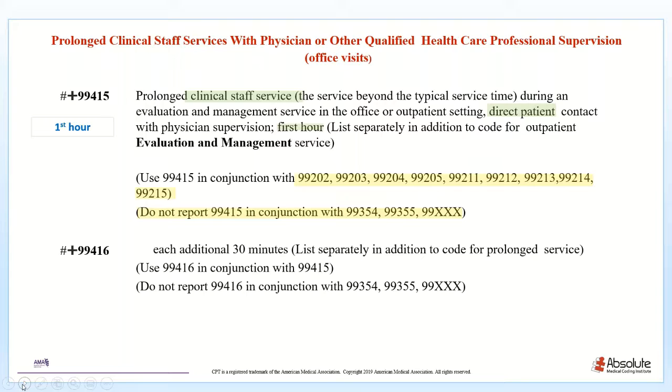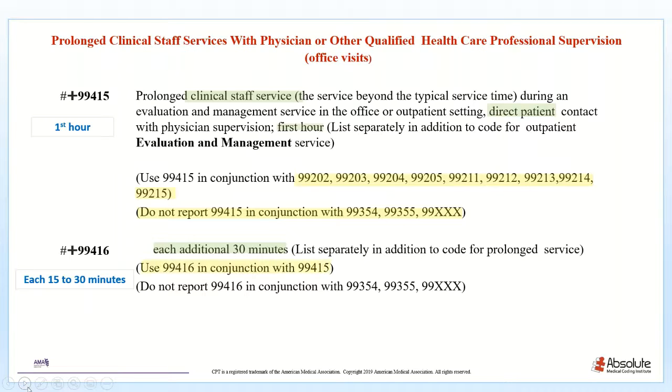And then 99416 is another, and take note that these are both add-on codes, so they cannot stand alone. Now, 99416 is each additional 30 minutes, and you list that in addition, of course, to anything beyond that first hour, and it can include 15 to 30 minutes, okay?